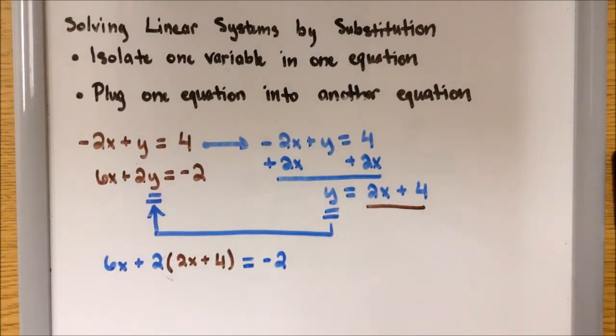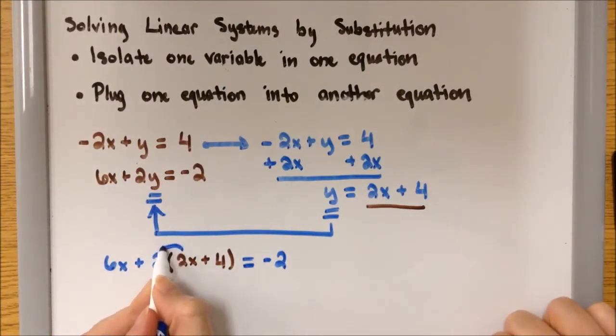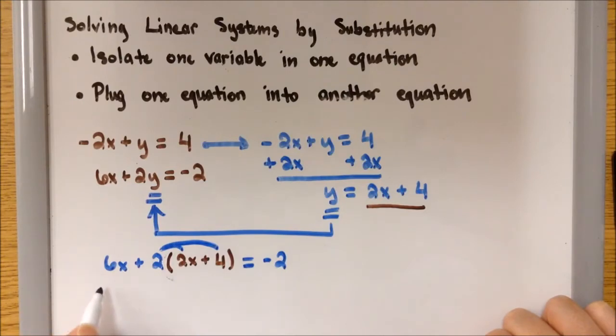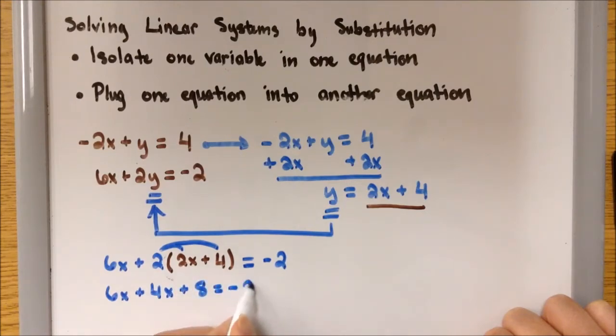So next, to simplify, we're going to distribute the 2 that's in front of the parenthesis. So it will be 6x, 2 times 2x will be 4x, 2 times plus 4 will be plus 8, equal negative 2. And then combining x, that will be 10x plus 8 equal negative 2.